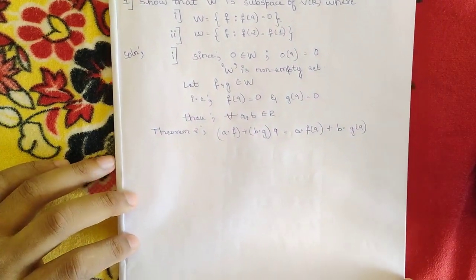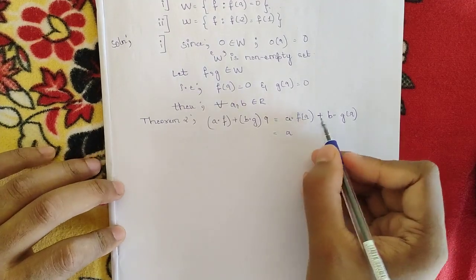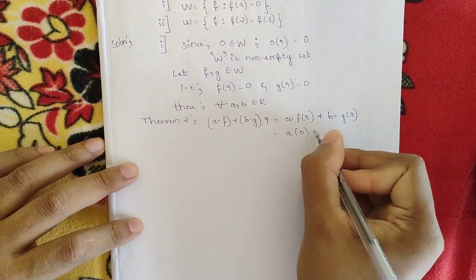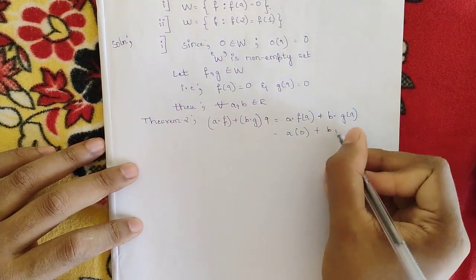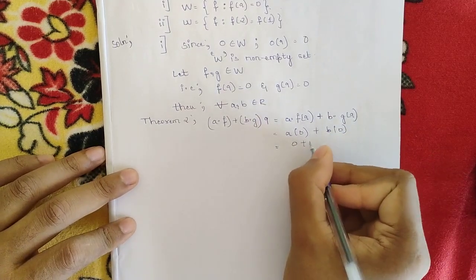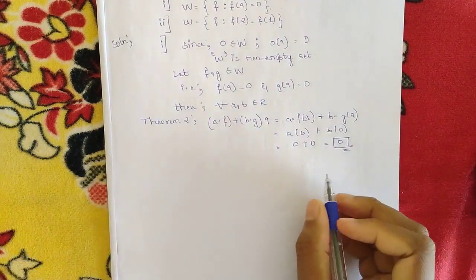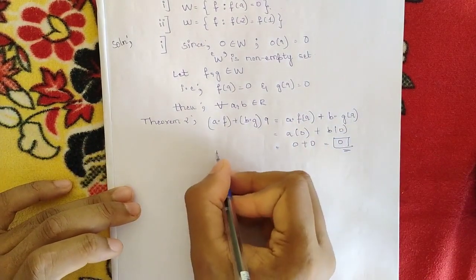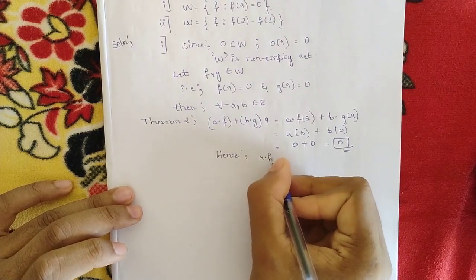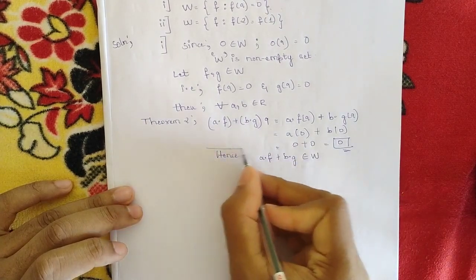g of 9, right? So here a dot f of 9 we have written the condition, that it is equal to 0. Okay, so substitute that, plus b dot g of 9 also is equal to 0. Okay, so if we do the multiplication, we would be getting our answer as 0, right? So we got our answer as 0, so we can conclude by saying that hence a dot f plus b dot g belong to the set of whole numbers.